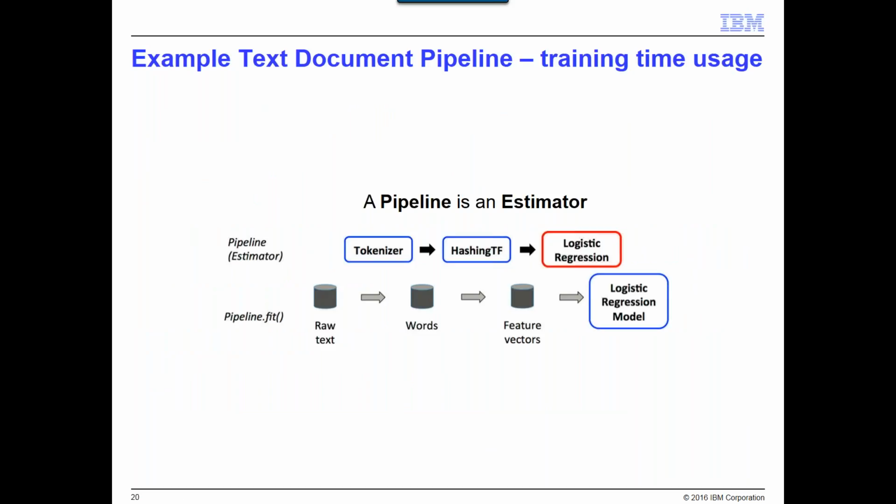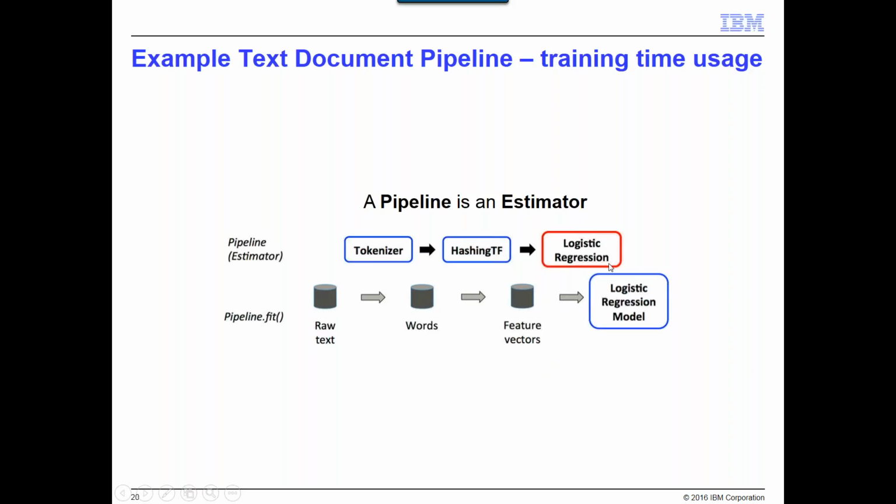So here's what it looks like from a text classification use case point of view. In this particular case, we're training a model. We have raw data coming in on the left side, and we're tokenizing it. We're going to do a few other things, but this is just a simplification. We're going to tokenize it into words, and then we're going to use hashing TF to create feature vectors, and we're going to limit the number of feature vectors to make it easier to get a better model.